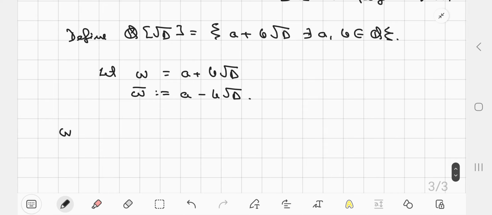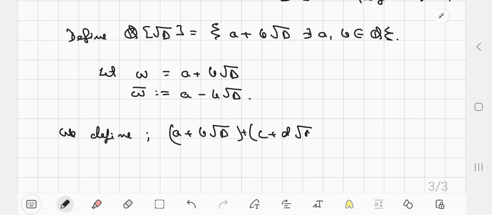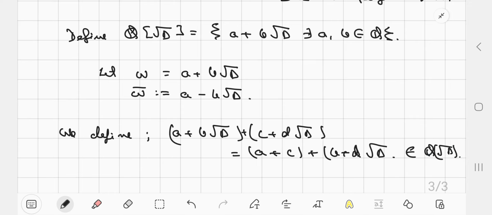So we define A plus B root D plus C plus small d root capital D to be A plus C plus B plus d root D. Then surely enough this will come out to be an element of Q root D. Clear? Okay.